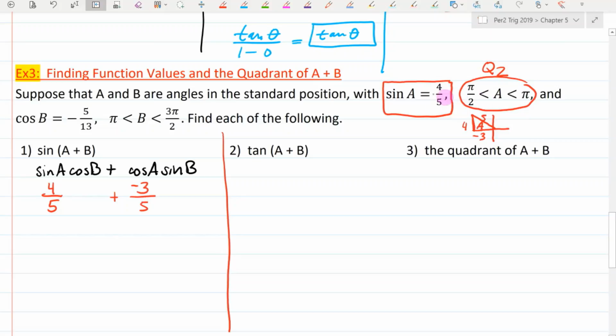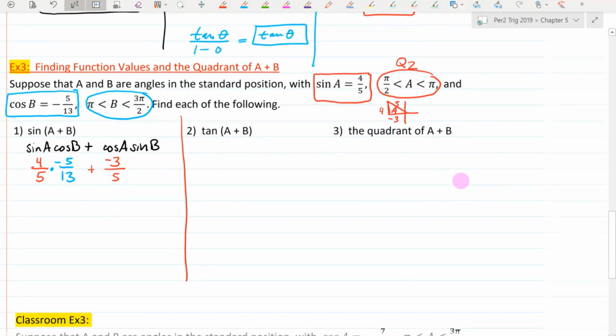Now, we have A finished, really. For the next part, I'm going to use blue. Cosine of B is negative 5/13. This means that B is between pi and... I don't have enough room really. So let me do this over here. Sorry.